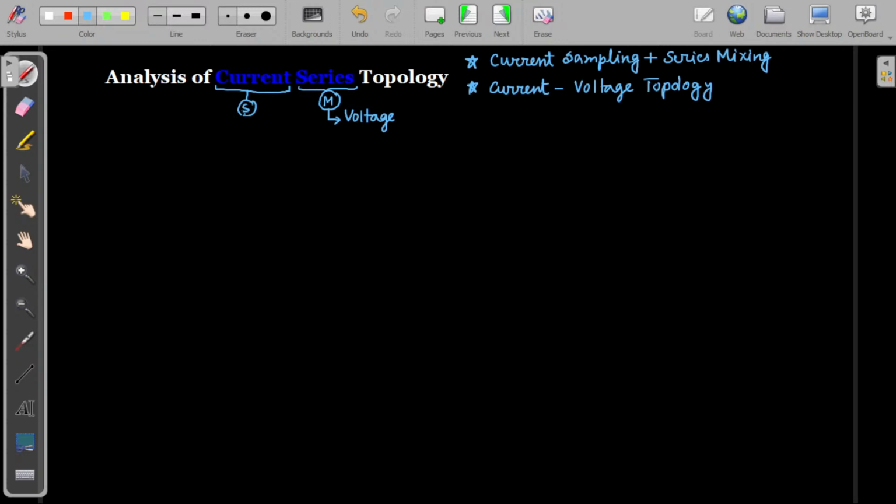अनदर वे, ये जो शंट है, ये जो सैम्पलिंग है, जो करंट सैम्पलिंग होता है, करंट सैम्पलिंग वाले केस में if you remember we have to do the series connection. That's why it is also called as the series topology. सीरीज टोपोलॉजी. तो सीरीज टोपोलॉजी वाले केस में the first word denotes the mixture, the second word denotes the sampler. The voltage denotes the mixture and the current denotes the sampler and the series denotes the mixture.